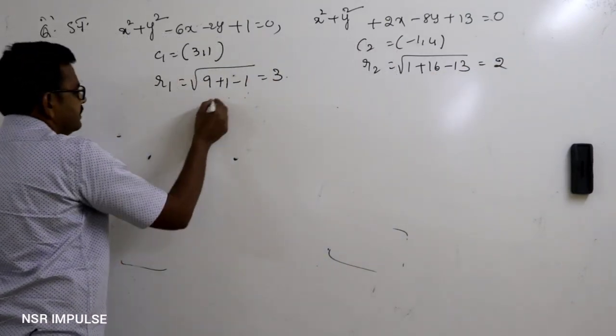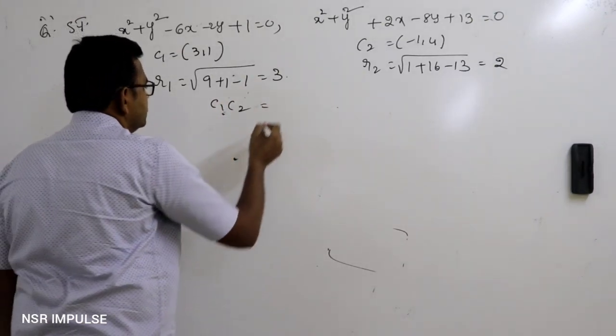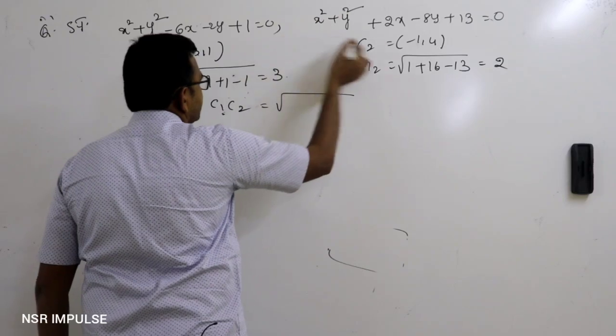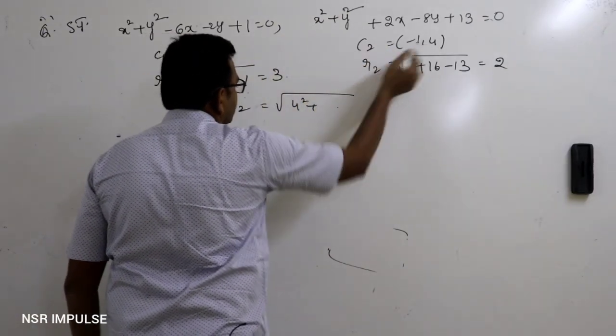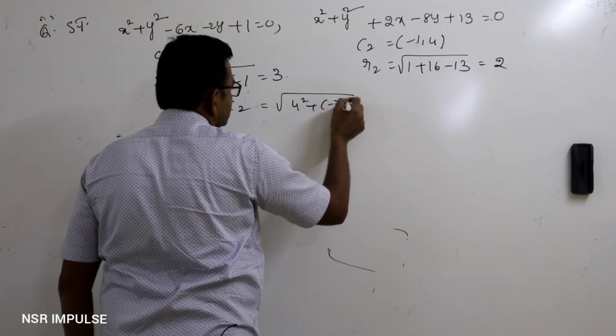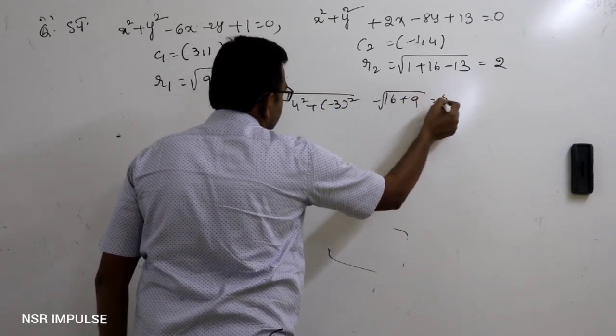And the distance between their centers C1C2 is root of (3 plus 1) whole square, 4 square, plus (1 minus 4), that is minus 3 whole square. 16 plus 9, that is equal to 5.